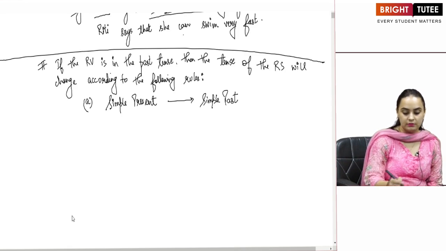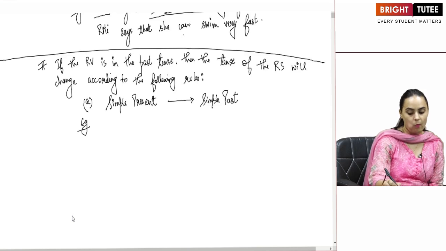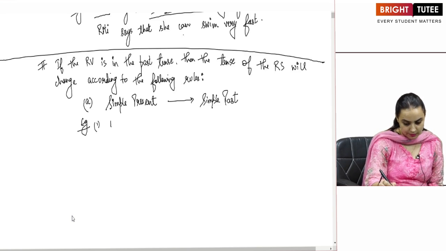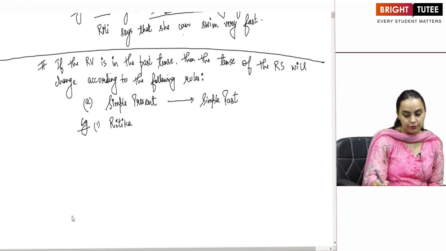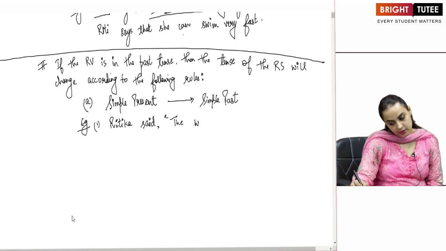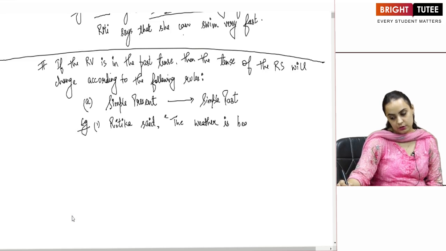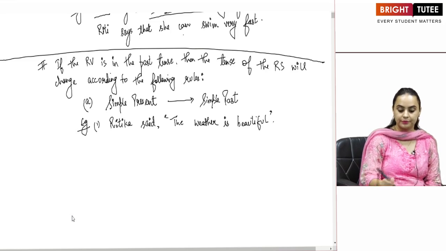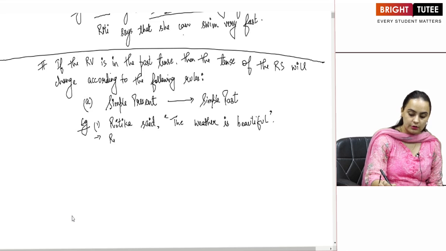What does it mean? Example. Ritika said, the weather is beautiful. Okay. Now, how will I change it to indirect speech? My speaker remains the same.